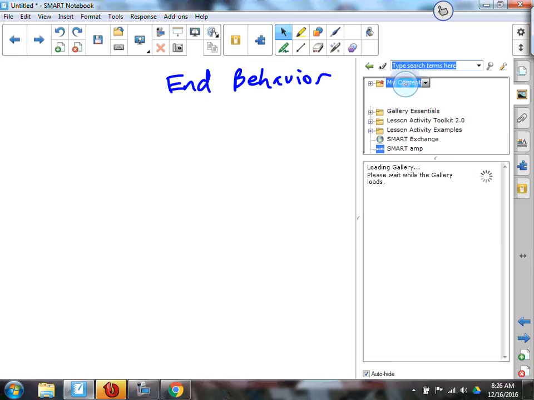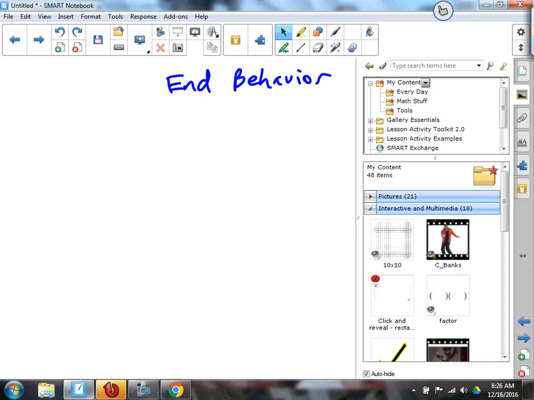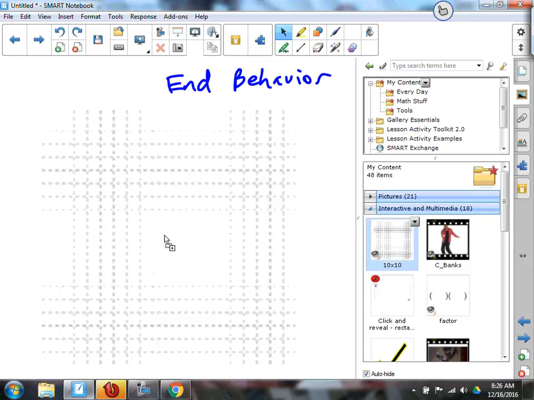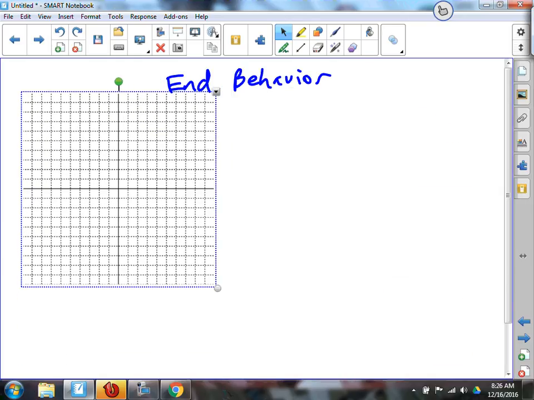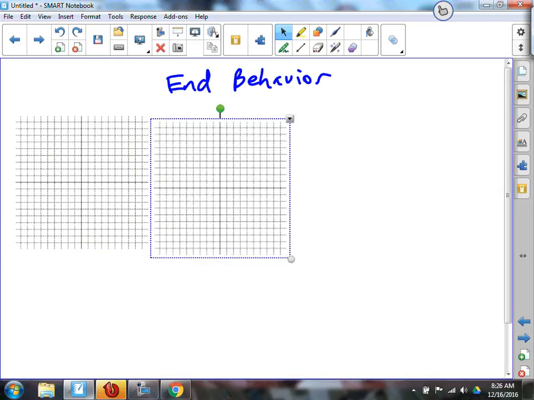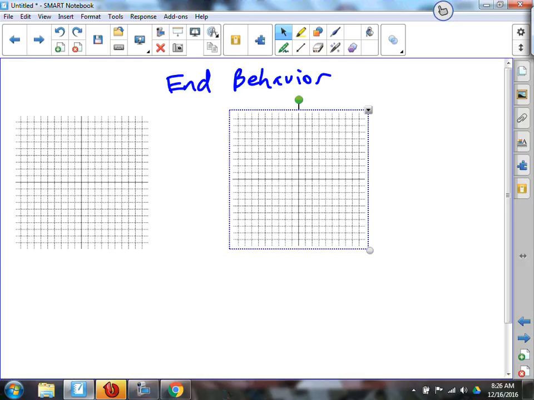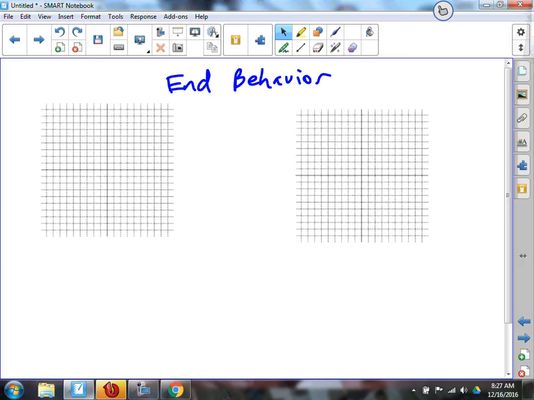Now I'm going to get out my graph paper. I don't know if this interactive graph paper is going to work here or not. We'll find out on the playback. So I'm going to clone that. We need to have a total of 4 of these. So that's probably playing in the background somewhere.